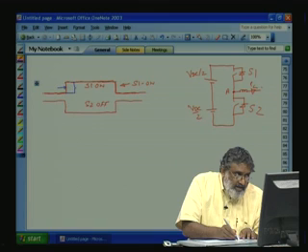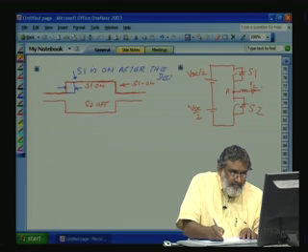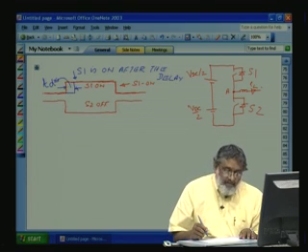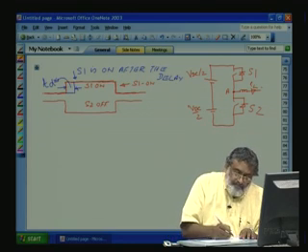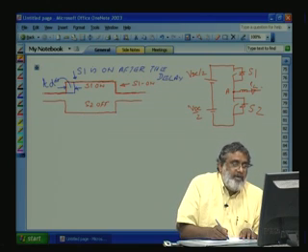Instead of turning on here, S1 is turned on after the delay. This delay we will mark as TD. Similarly, at this point S1 is turned off and S2 is turning on here.